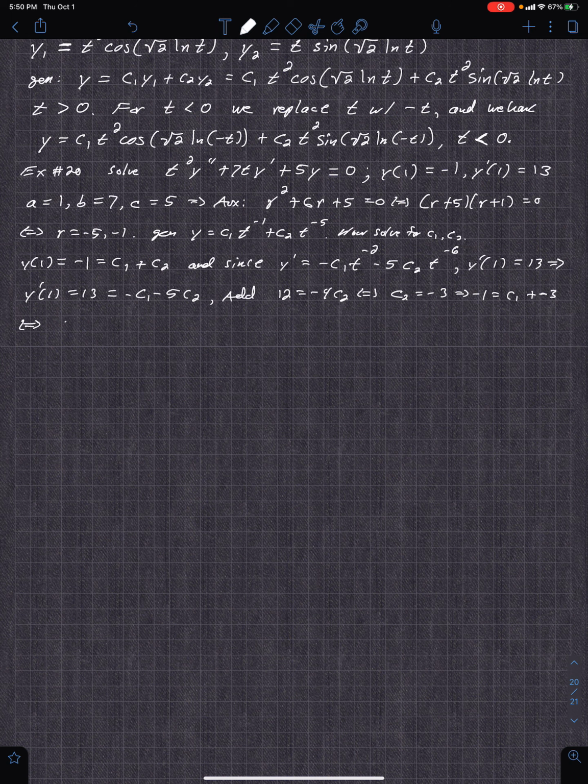Back substitute, and you get C1 is equal to 2. So therefore, we have our particular solution. Y is 2t to the -1 minus 3t to the -5. Did I say general? I meant particular. It's the particular solution, given the initial conditions, of course.